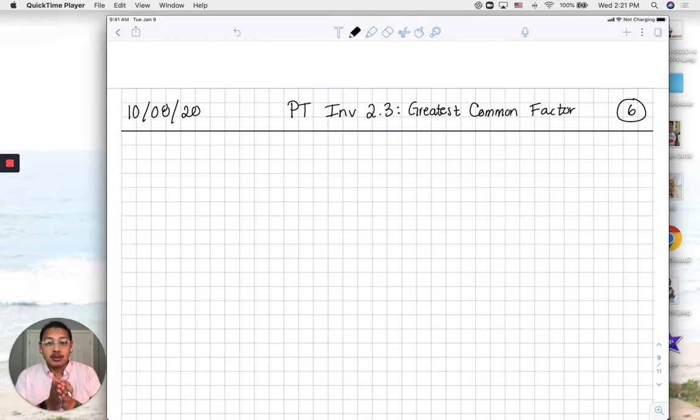As a reminder, we talked about what factors were and what multiples were last class. Again, I'll refresh your memory here. Remember, multiples are like doing your times tables, right? The list will go on and on and on forever. On the other hand, factors are the numbers that go into other numbers.